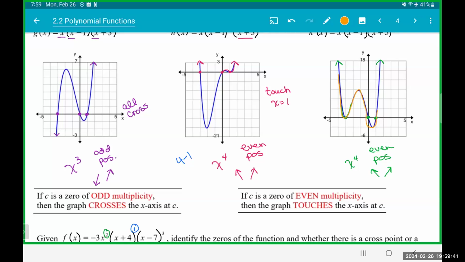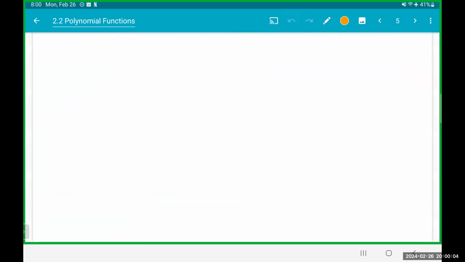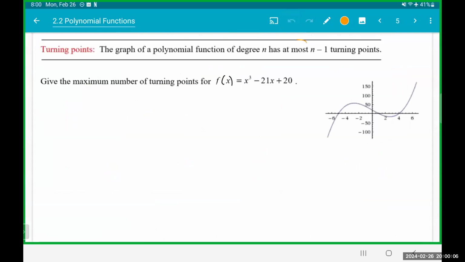I have at most 4. It doesn't tell me that I have exactly 4. It just tells me the most turns I can have. This one, exponent of 3. So 3 minus 1, the most turns I can have is 2. There's 2. You can see I didn't have any more than 2. All right. So at most, it doesn't tell you exact equals. That's the key word right there, is at most.